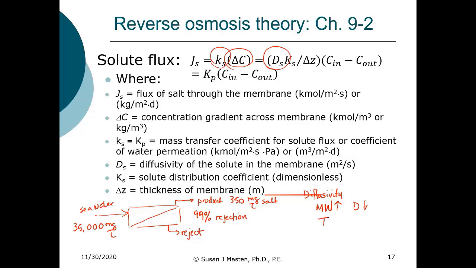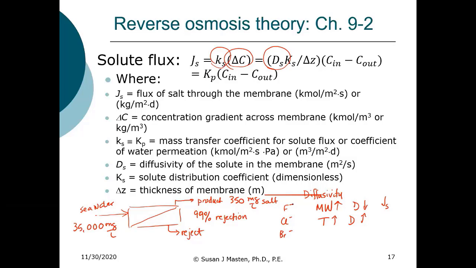As temperature increases, the rate of diffusivity increases. So if this is true, as molecular weight increases, diffusivity decreases, and how does the flux of salt change? If we're looking at salts having a higher molecular weight, so for instance, we could look at chloride, we can look at bromide. Which one has the highest molecular weight?